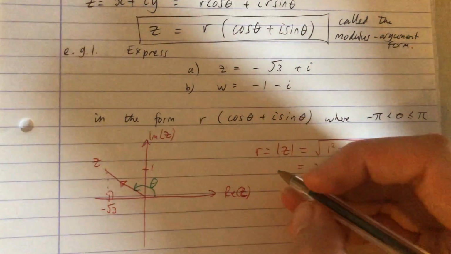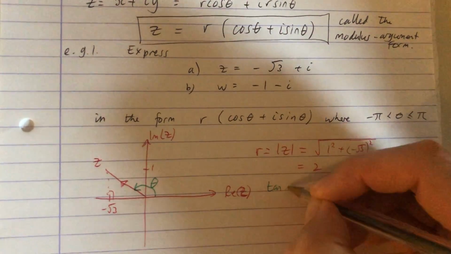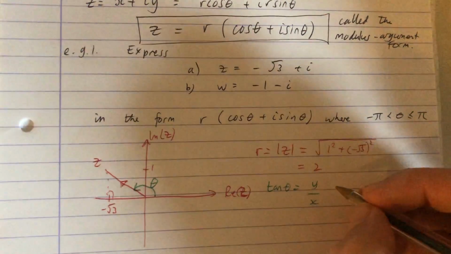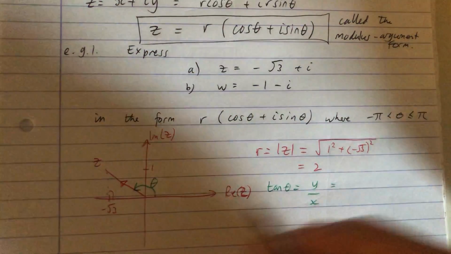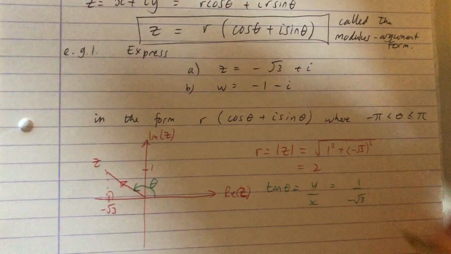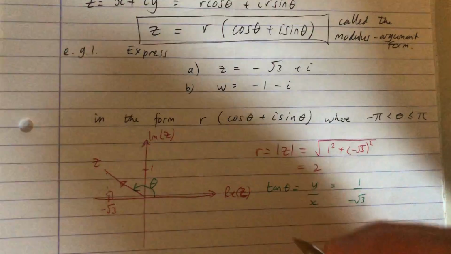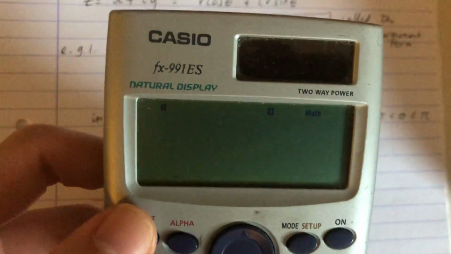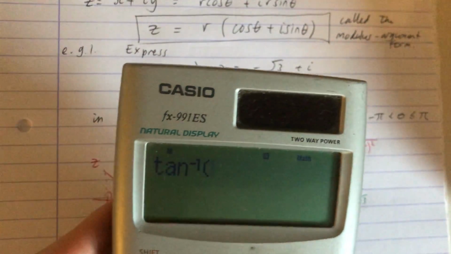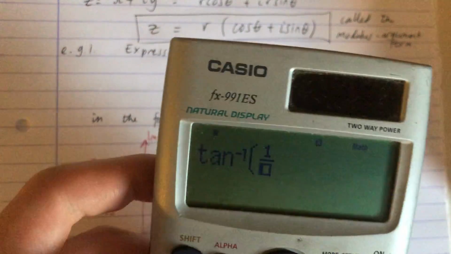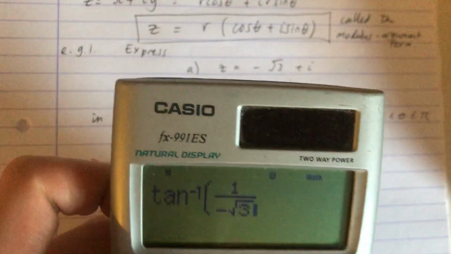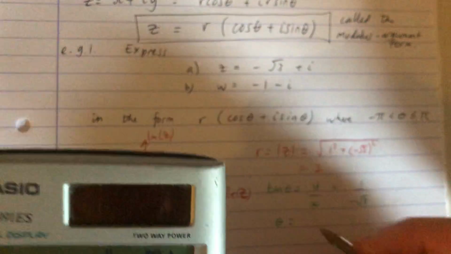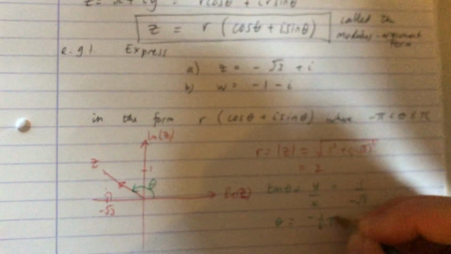Or you can remember the formula tan theta is equal to y over x, which in this case is 1 over negative root 3. And if you work out theta, it's inverse tan of 1 over minus root 3, which is minus pi over 6.